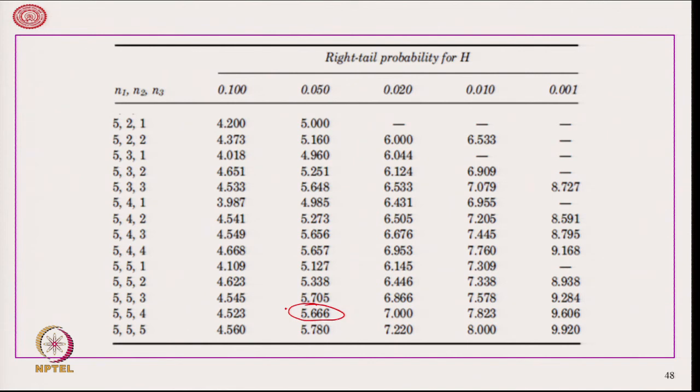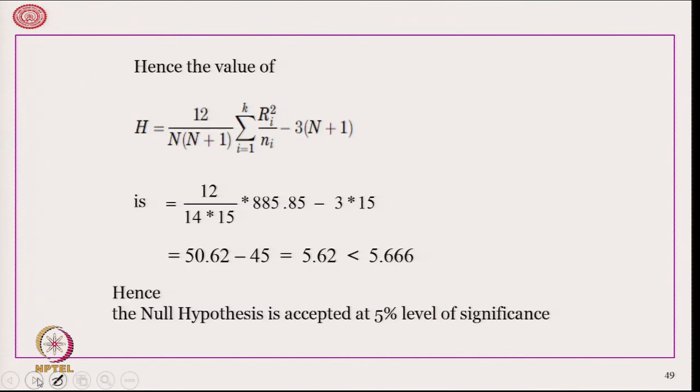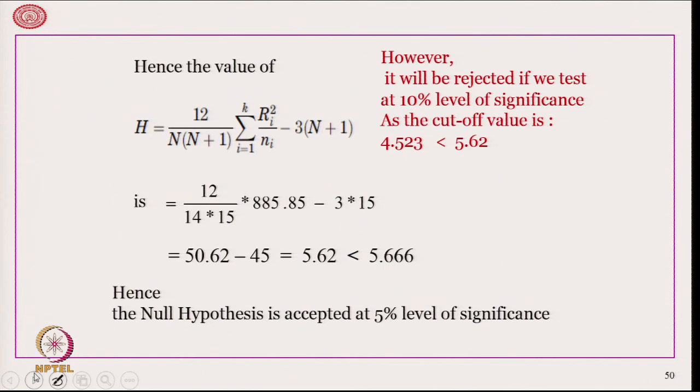As I have already shown you, 5.666 is the critical value at 5% level, and 4.523 the critical value at 10% level. Therefore, the decision we can arrive at is the following: since 5.62 is less than 5.666, the null hypothesis is accepted at 5% level of significance. However, it will be rejected if we test at 10% level of significance, as the cutoff value there is 4.523, which is less than 5.62.